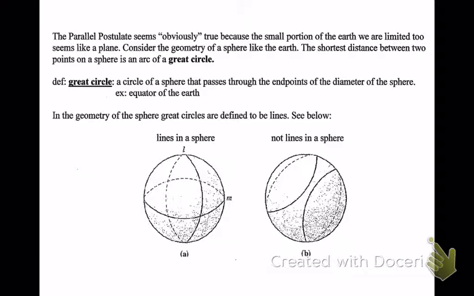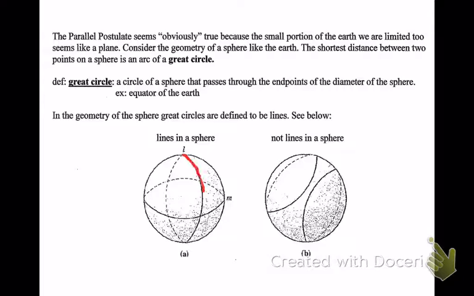In the geometry of a sphere, great circles are defined as lines. So there's a difference. Now we're saying a circle is a line. But if you're thinking about the Earth or a big sphere, then that circle would seem as if it were a line.